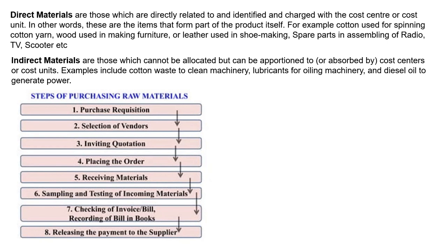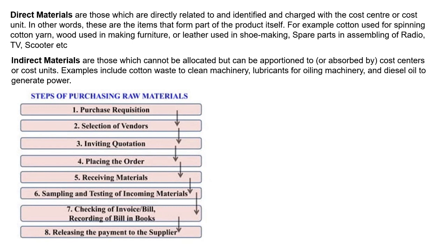If they are planning to produce some 10,000 units, how much raw material is needed? So that is the first step. You need to consult the production department and ask how much is the requirement, how many units or how many kgs, tons or whatever. You have to think about that. That is the first step.